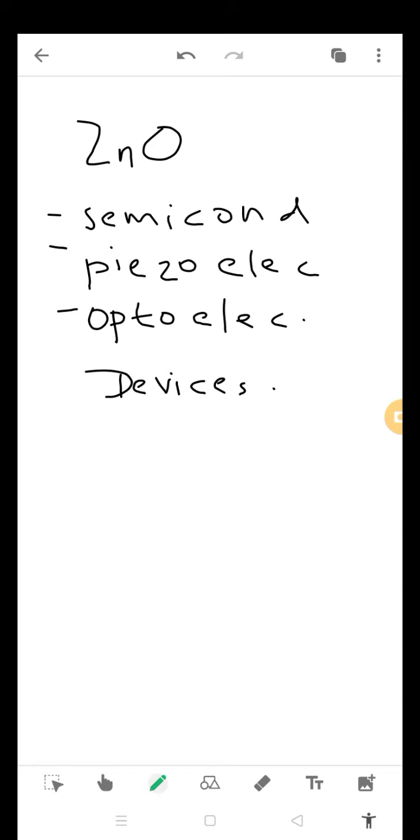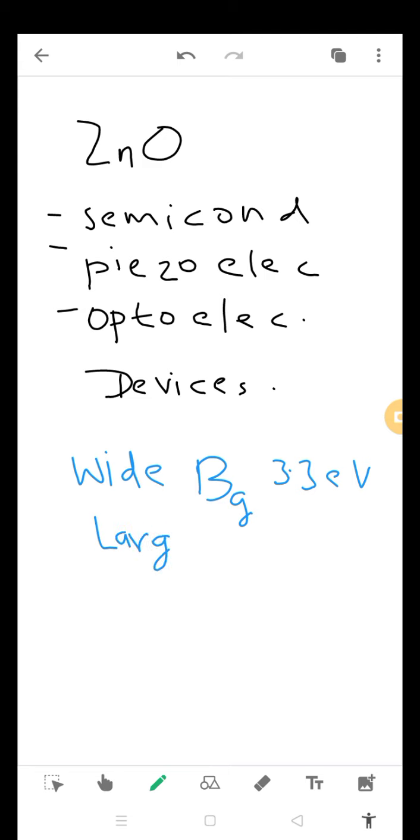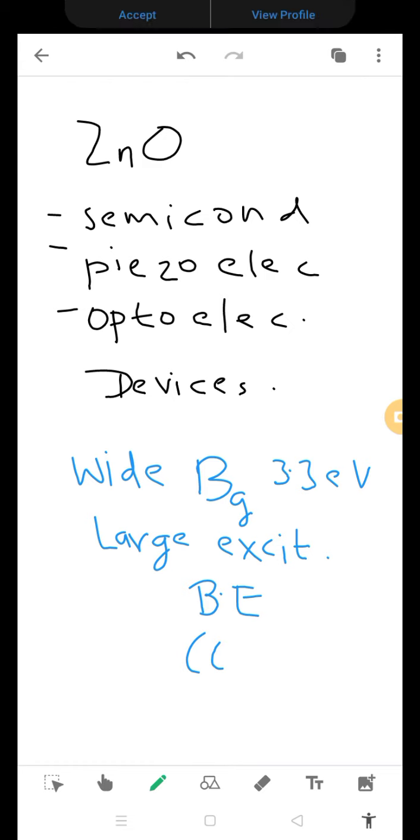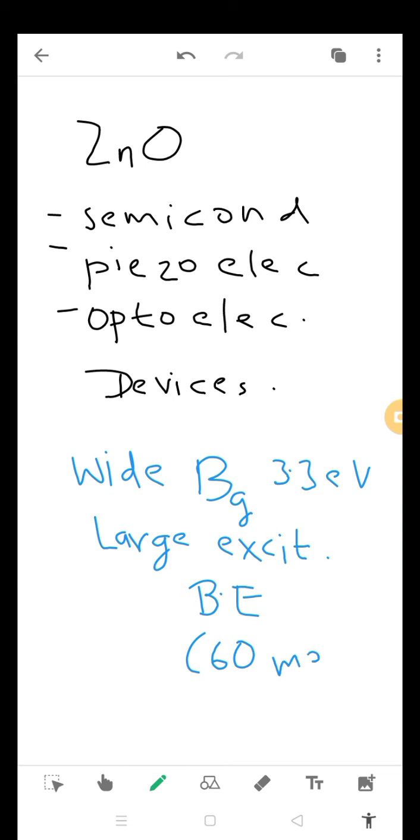It has a wide band gap of 3.3 electron volts, and it has a large exciton binding energy of around 60 meV, milli electron volt.